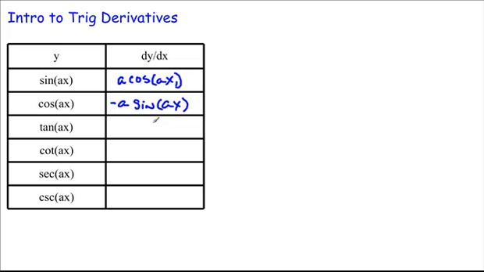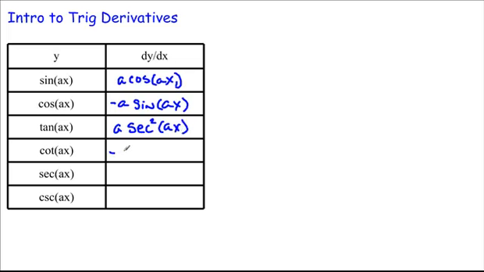The derivative of tangent, believe it or not, is negative a cosecant. Cosecant, what am I saying? It's secant, sorry. And it's not even negative. Good start, huh? All right, so this would be a times secant squared ax.